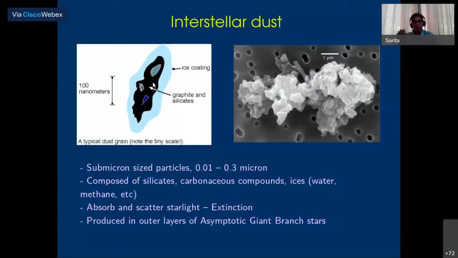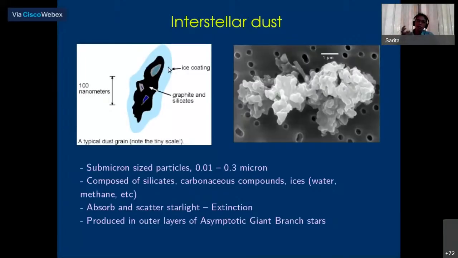That doesn't mean other elements won't be there. Some amount of magnesium, iron and nickel are expected to be mixed in along with the silicate and carbon, but mostly it is expected to be silicate. And then this is supposed to be coated with ice. It is believed that there is a coating of ice, of water, methane, or whatever.